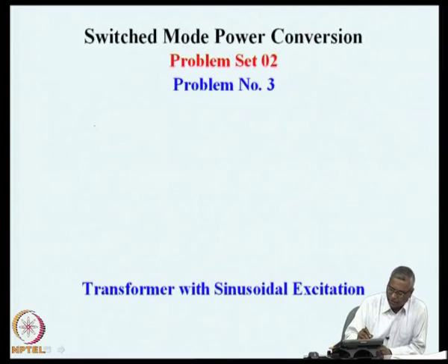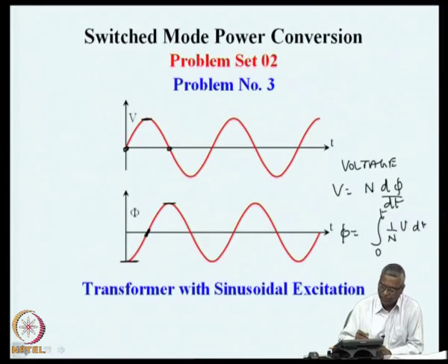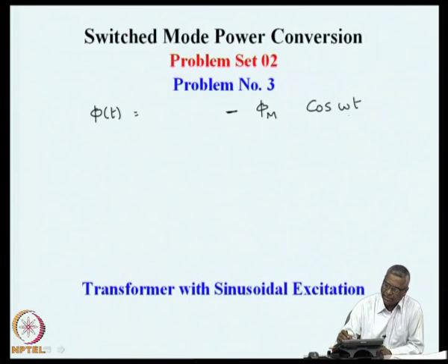We can say that the flux as a function of time in the previous example is a minus cosine waveform with some peak, phi m. You can see from the previous curve there is a phi m and it is a cosine waveform, and you can see at time t equal to 0 flux is minus phi m, and when omega t equal to pi flux becomes plus phi m.